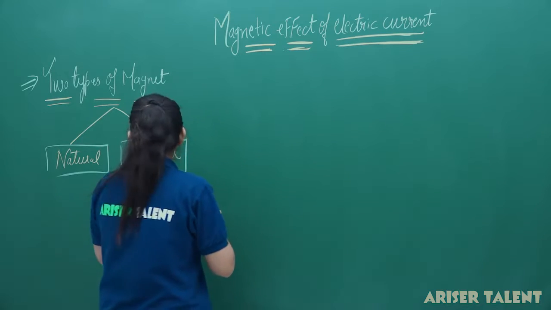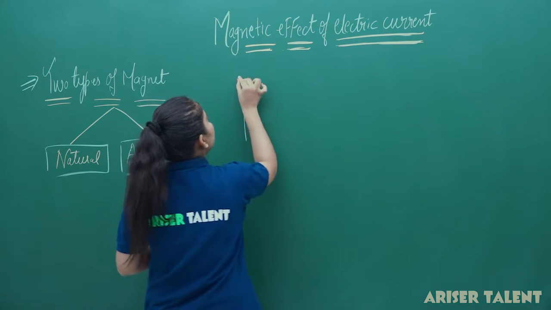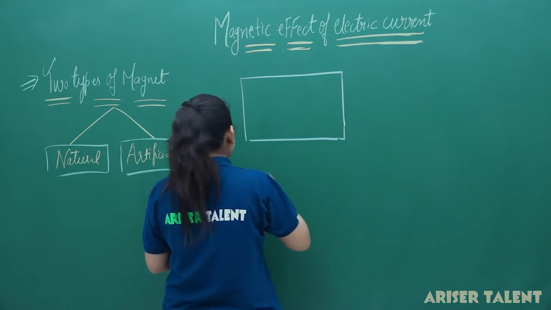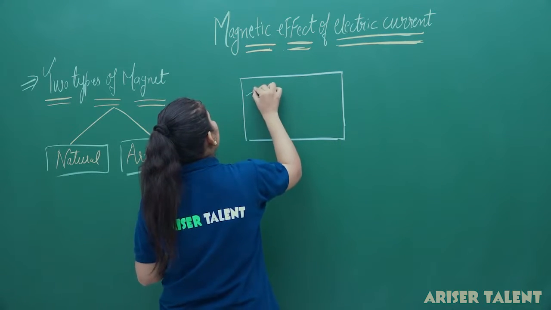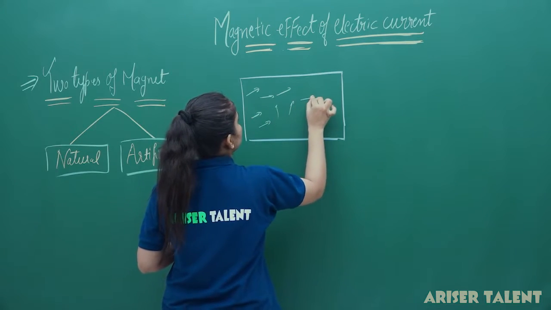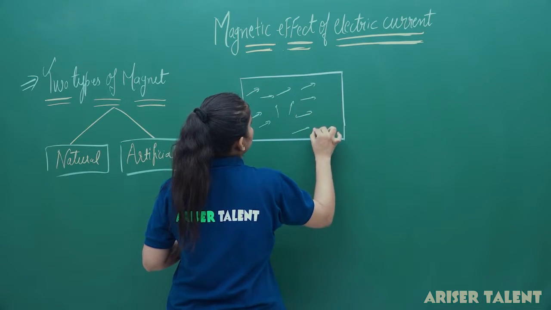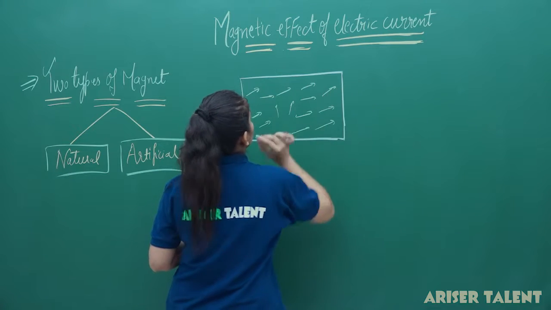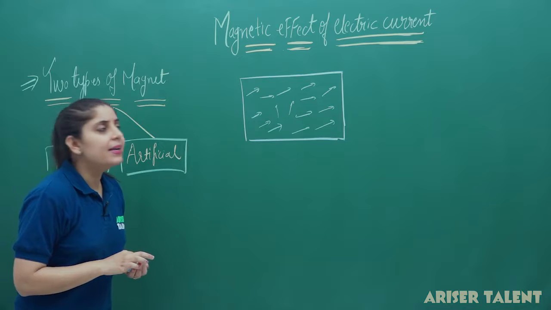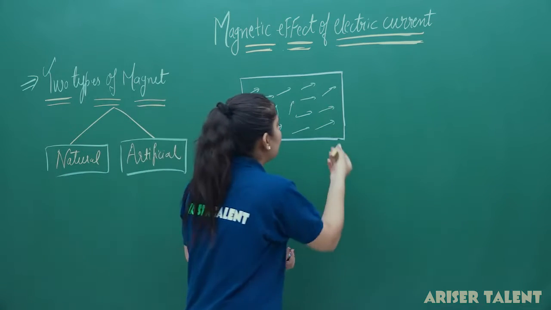So, if I am going to talk about the natural magnet, here the alignment of atomic dipoles is like this. This is actually the alignment of the magnetic dipoles, or atomic dipoles, you can say.